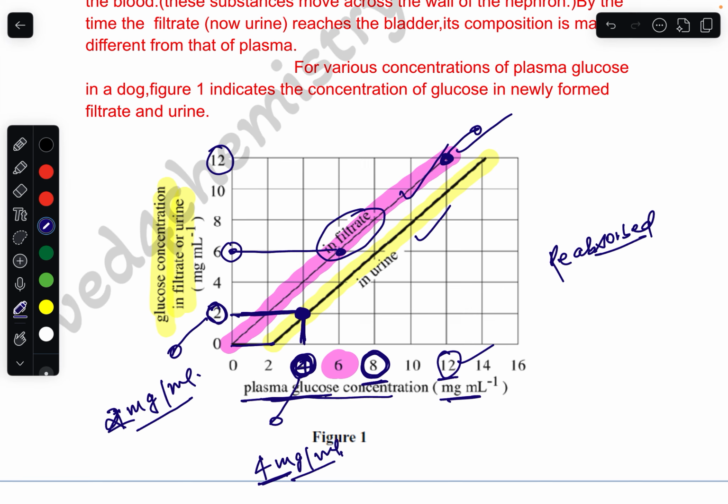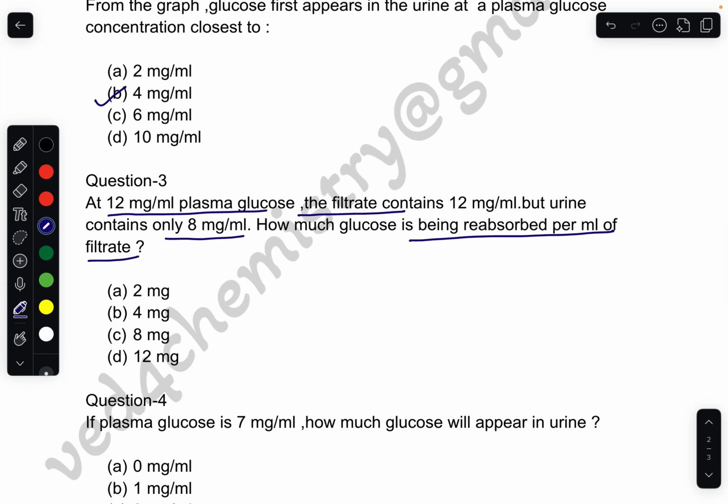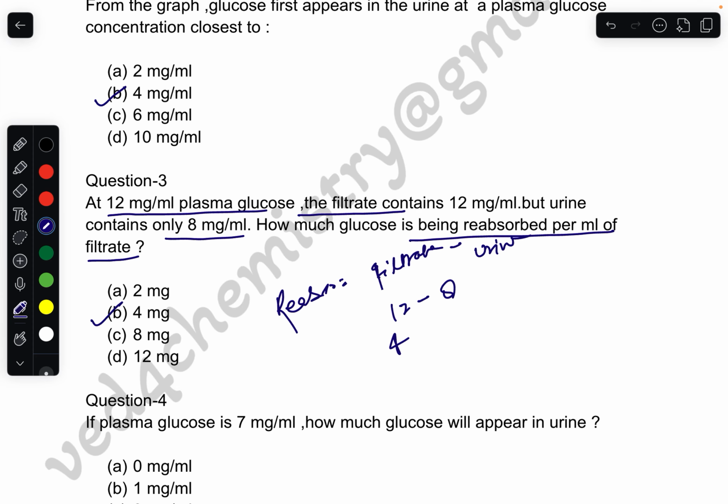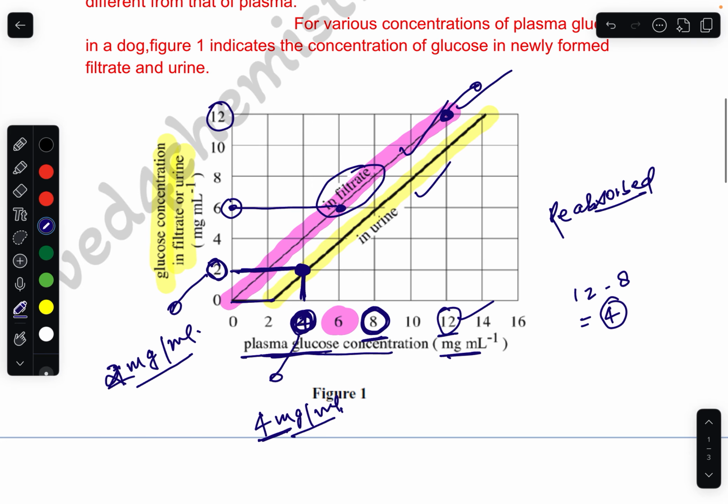So the difference would be 12 minus 8, which is 4. So for this question we can directly say the reabsorbed value is the glucose filtrate value minus urine. This value is 12 and urine is 8, so the answer should be 4 mg per ml. Clear? This gap is called the reabsorbed value.